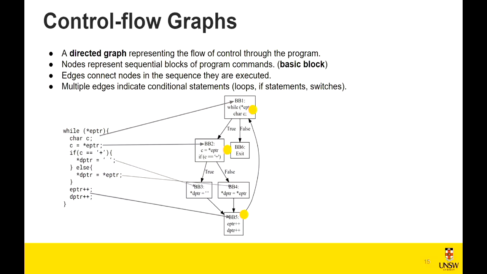One other thing you would like to notice here is that we have an exit block for this program. Normally for a control flow graph we should have entry and exit nodes, but in this example we don't really need an entry node, because the entry node is simply basic block 1. But we add an exit block to make it more complete, so we can indicate when the program will terminate. Because if we don't have this exit node, we don't know when the program will terminate.